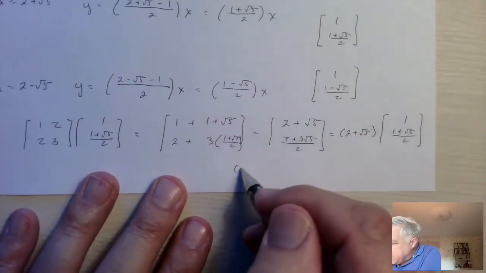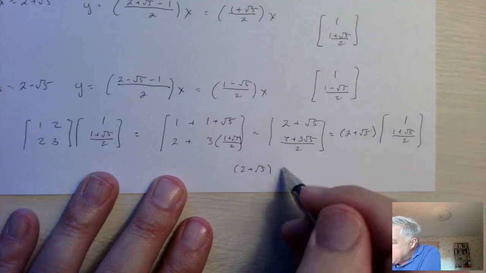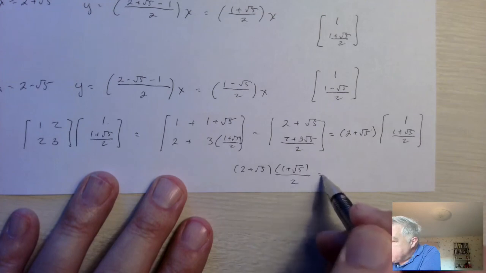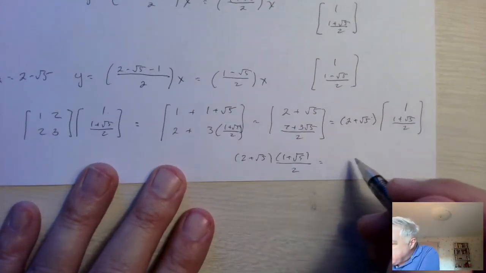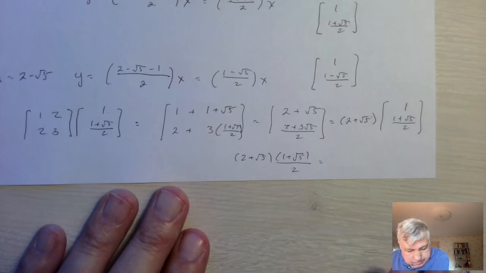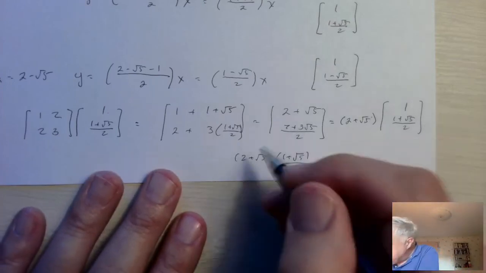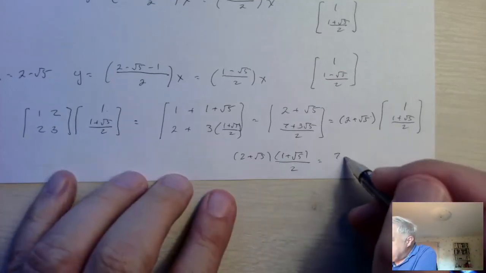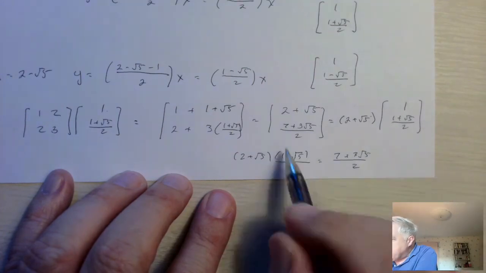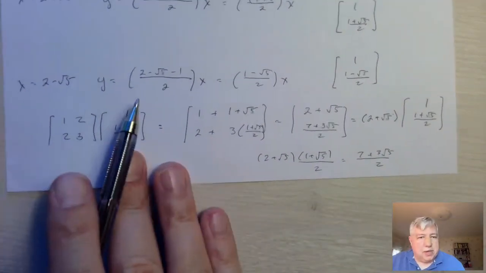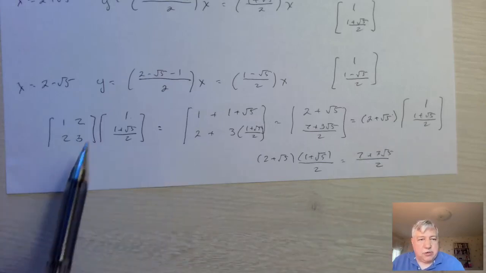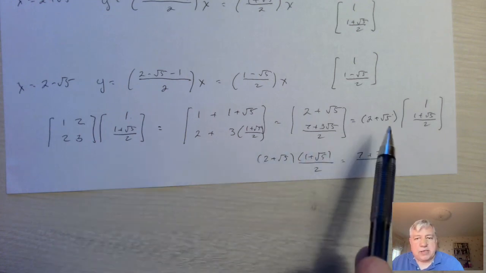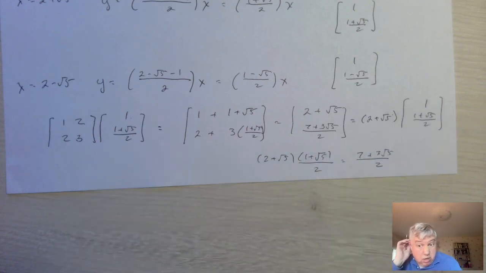But if you just multiply 2 plus square root of 5 times 1 plus square root of 5 over 2, you'll get 2 plus 5, so that'll be 7. And this will be 1 square root of 5 plus 2 square root of 5, that's 3 square root of 5, all over 2, which is this. Okay. So this is an eigenvector. This does work, and you can also check that this matrix times the vector 1 over 1 minus the square root of 5 over 2 will be 2 minus the square root of 5 times this.